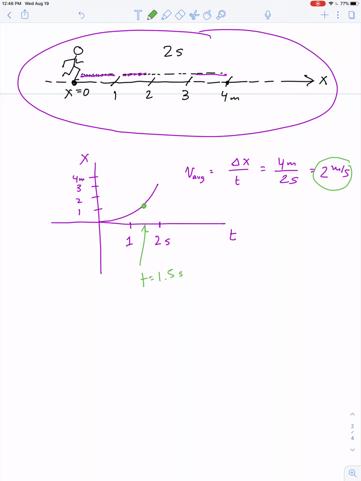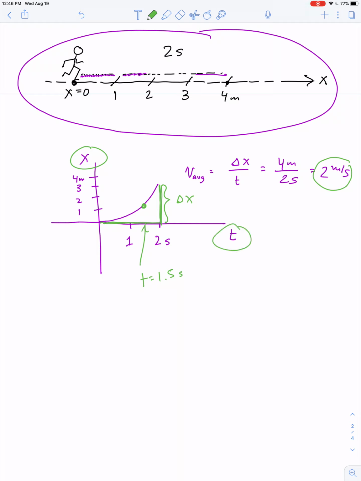So if you think about it, this value of 2 meters per second is the slope of a line. It's like this. Their total distance can be represented by the height along this axis. So there we go. That's the delta x value. And then the time is measured across the horizontal axis.